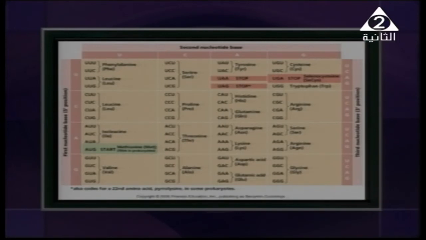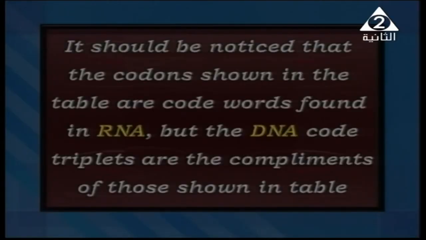As you see, one amino acid has 2 triplet codons. It should be noticed that the codons shown in the table are code words found in RNA, but the DNA code triplets are the complements of those shown in the table.